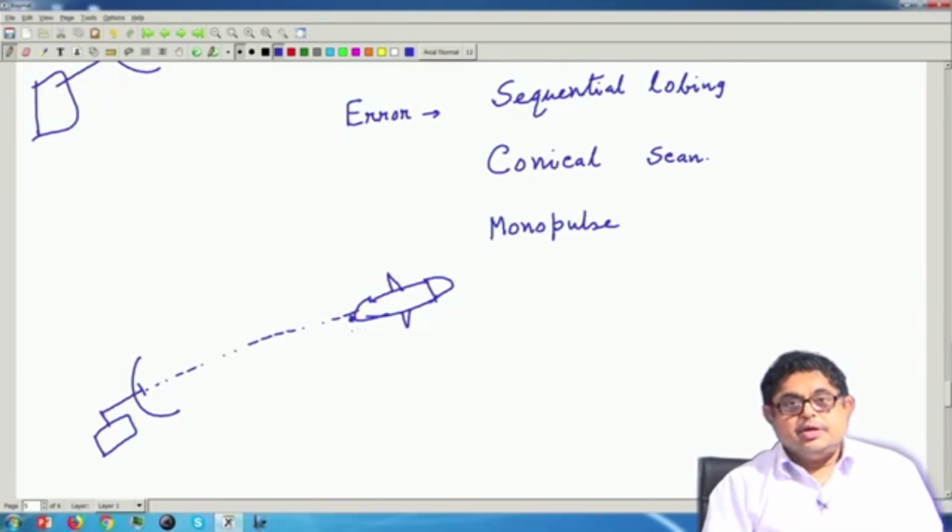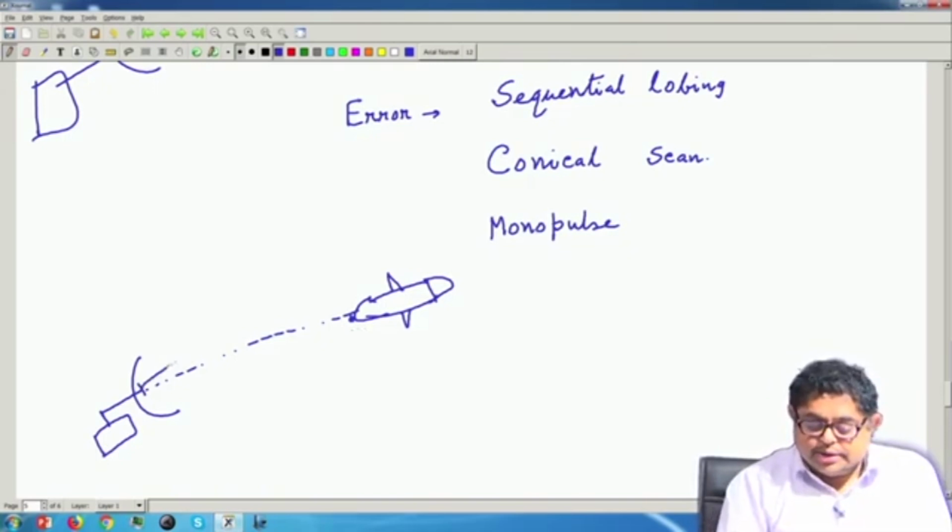That means, at the nose directly it is pointing the beam. Let us say the beam is like this.